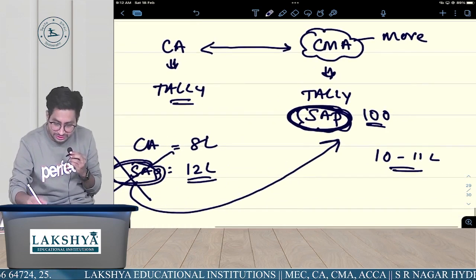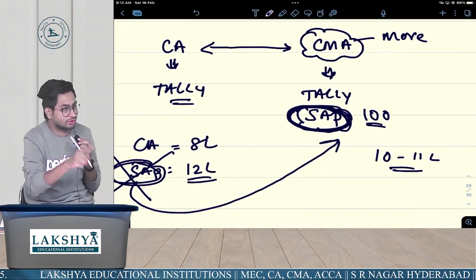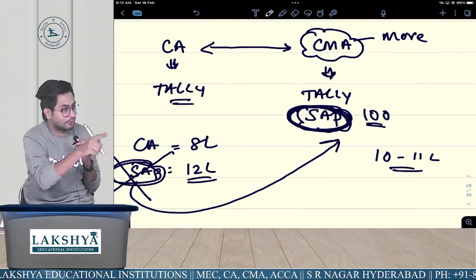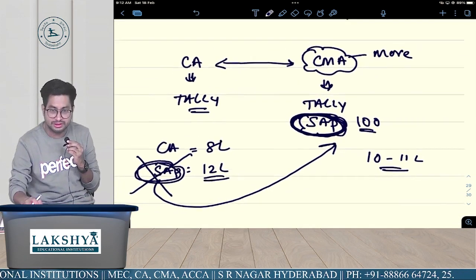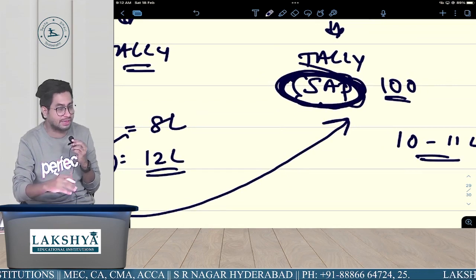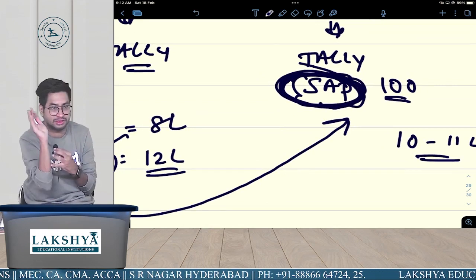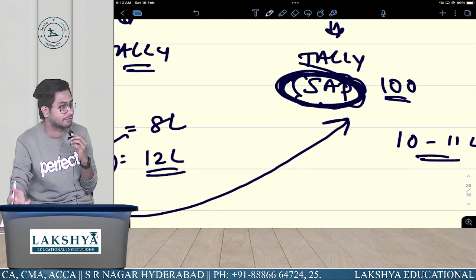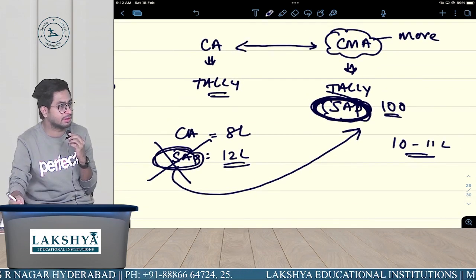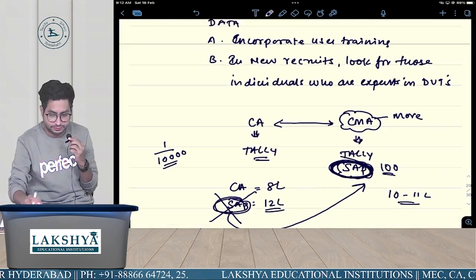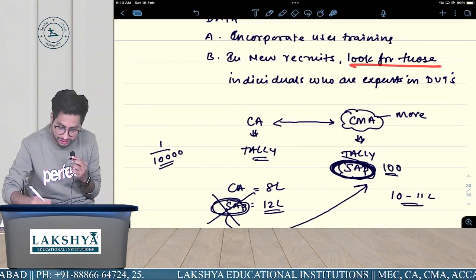This is called skills. So what are the new skills companies are looking for when they are hiring a person? They are looking for SAP. And who has ready knowledge of SAP with a certificate given by the institute itself? CMA. So who will be preferred first, CA or CMA? CMA. This is called individuals.